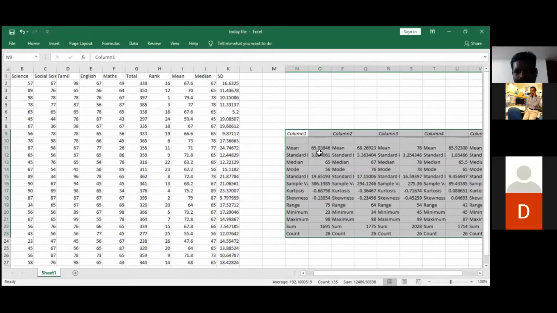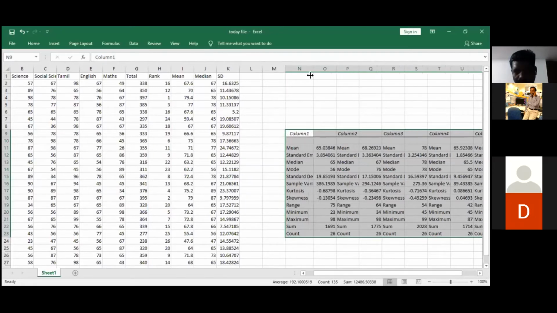Then median, mode, standard deviation, variance, kurtosis, skewness, range, minimum, maximum, then the total sum and the count of 26. Automatically it appears, all the measures of dispersion: mean, standard deviation, standard error.